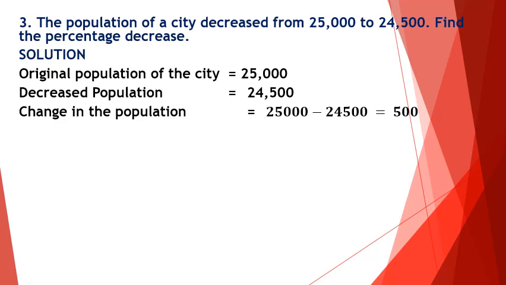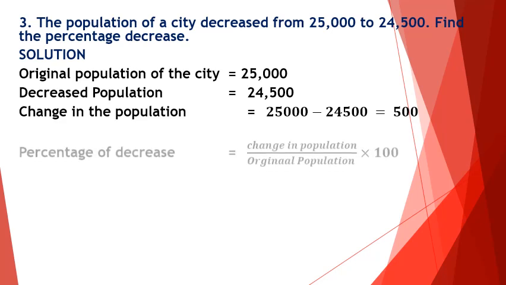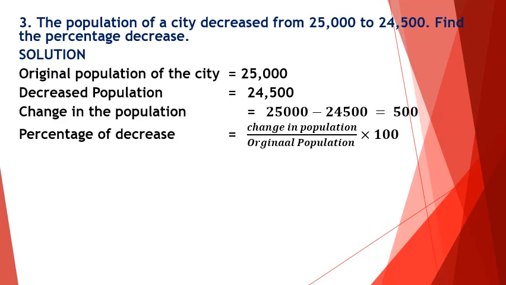Now we have to find the percentage decrease. Do you remember the formula? Yes. Change in population upon original population into 100. So here substitute the value. We get 500 upon 25,000 multiplied by 100.